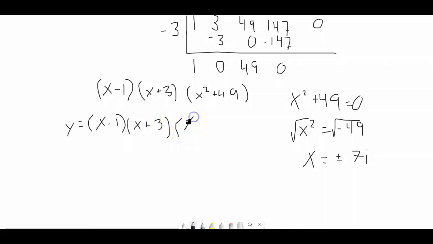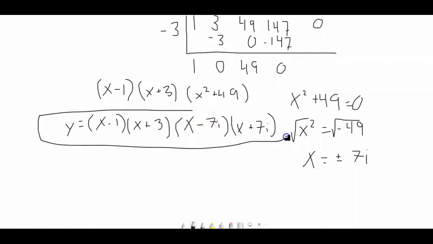The positive 7i goes with the factor x minus 7i, and the negative 7i goes with the factor of x plus 7i. And this would be our fully factored solution.